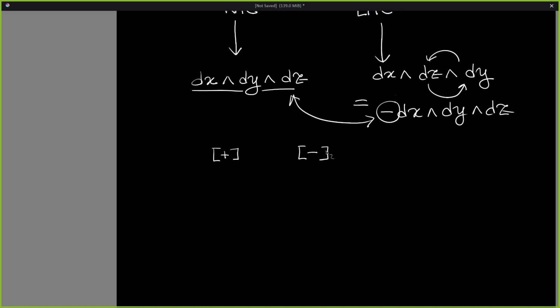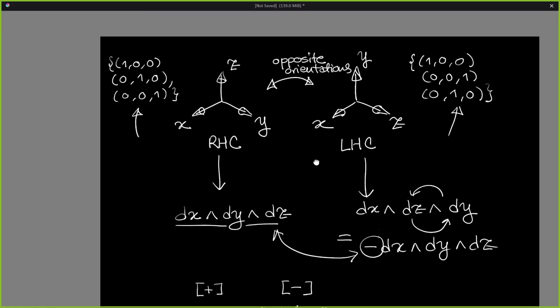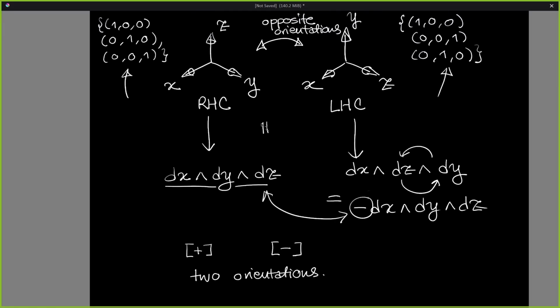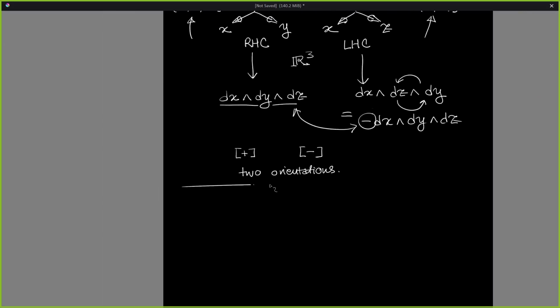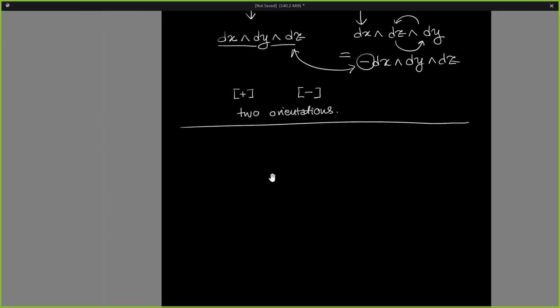These are just labels. We could call them P and N if you wanted to, but there are two of them. There are two orientations on R3. So that's an example of orientations.